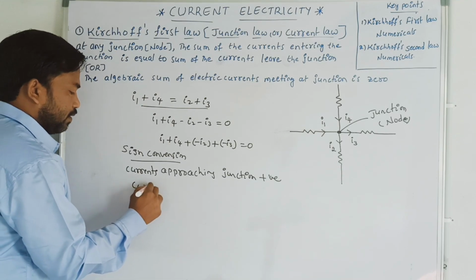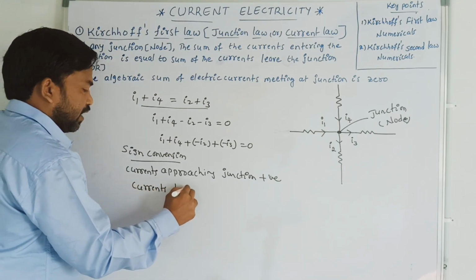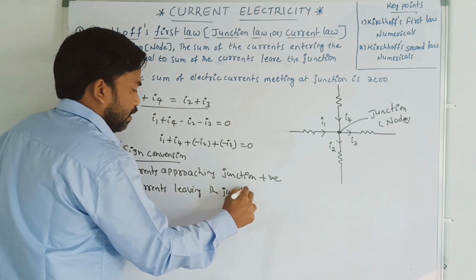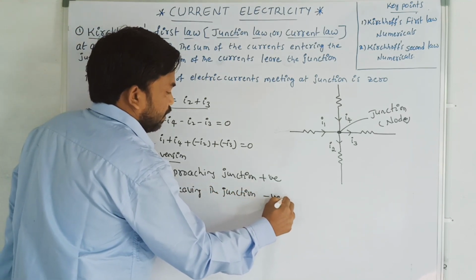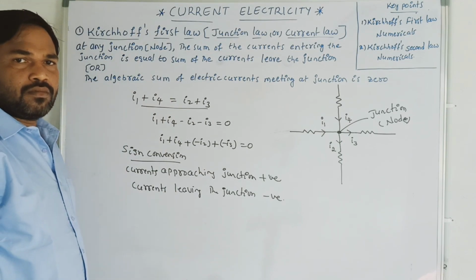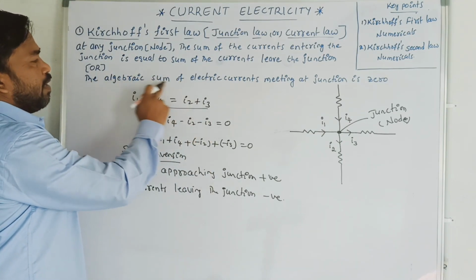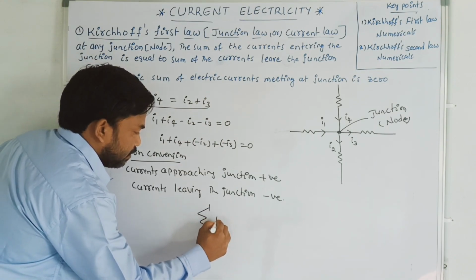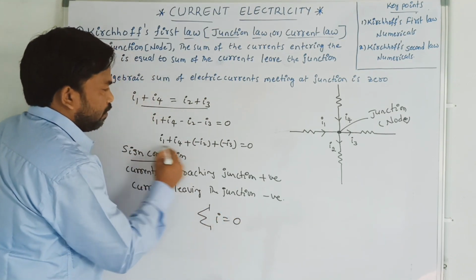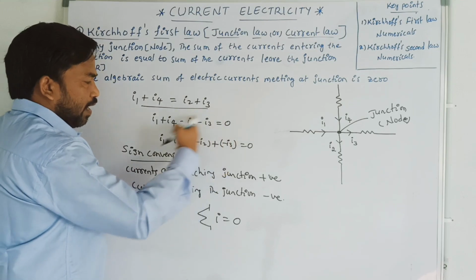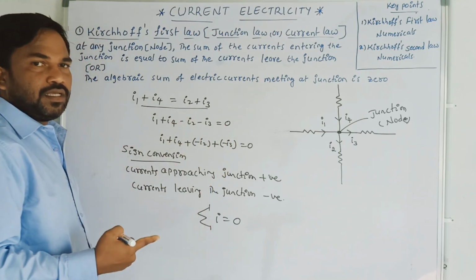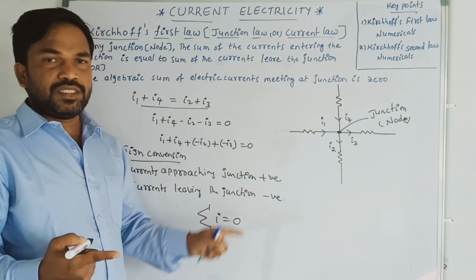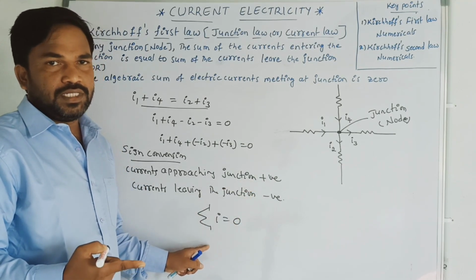The currents leaving the junction are always taken as negative. That's why the currents leaving the junction have a negative sign, and the currents approaching the junction are taken as positive. The algebraic sum of all the currents at a junction is always equal to 0. The summation of currents meeting at a junction is equal to 0.